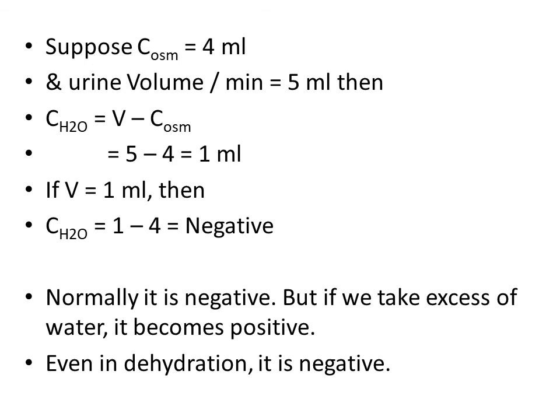Now suppose the osmolar clearance is 4 milliliters and the urine flow rate is 5 milliliters, then the free water clearance will be minus 1 milliliter, which is negative. If the urine flow rate is 1 milliliter, then the free water clearance will be positive 3 milliliters. Normally it is negative, and even in dehydration it is negative.